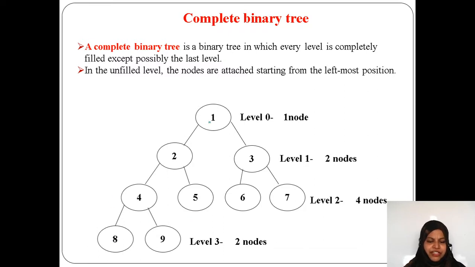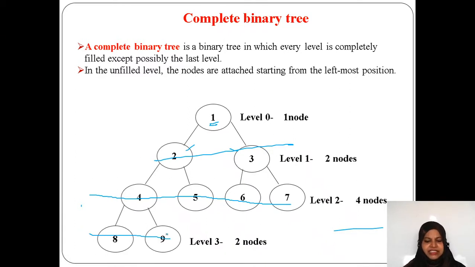See here, the first node is level 0, then 2 and 3 are 2 nodes, so this level is filled. The next level is also filled, because 2 has 2 children and 3 has 2 children. Here the last level has 8 and 9, and it is not filled. That's the reason it is a complete binary tree.